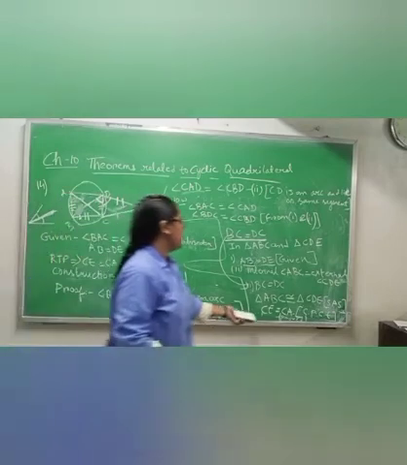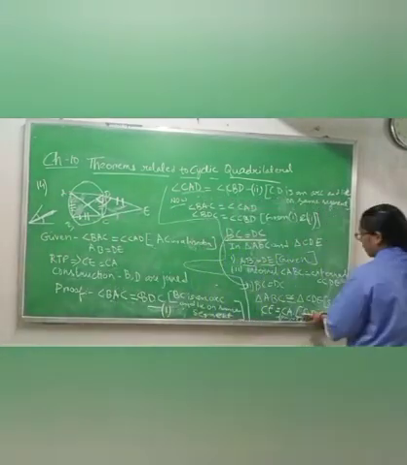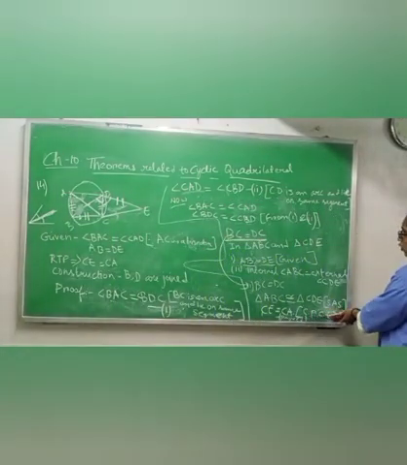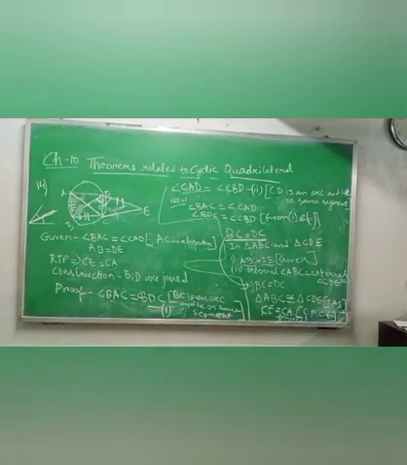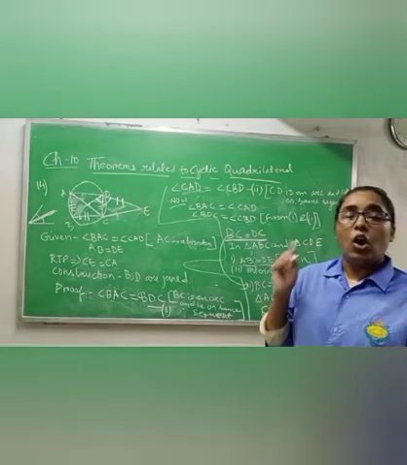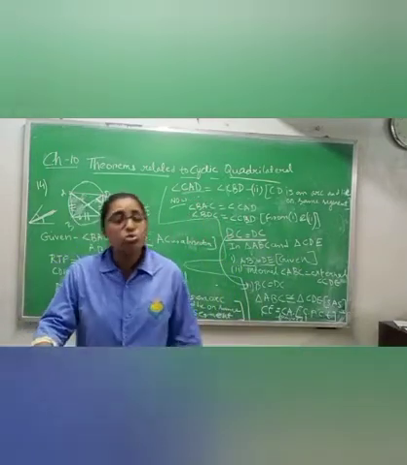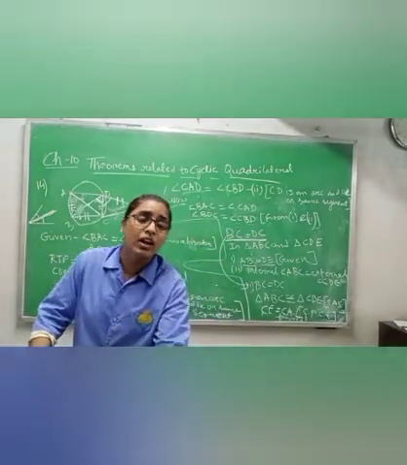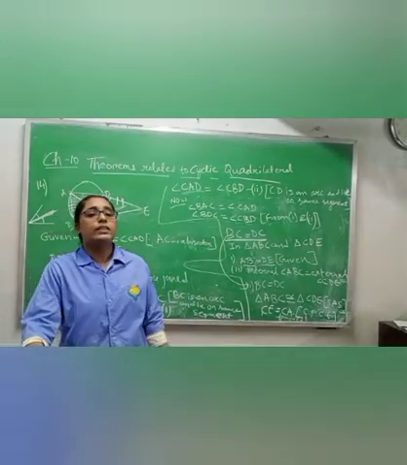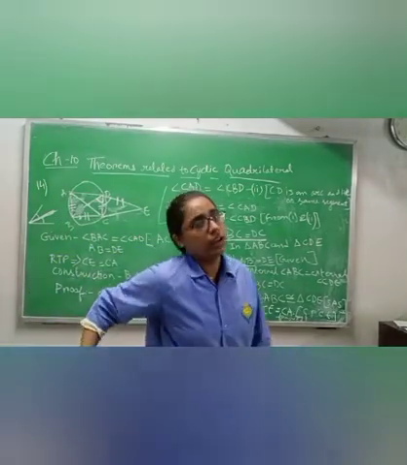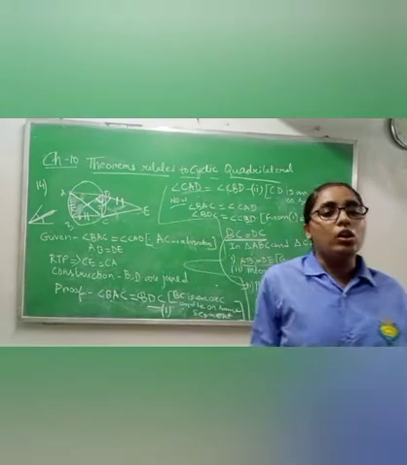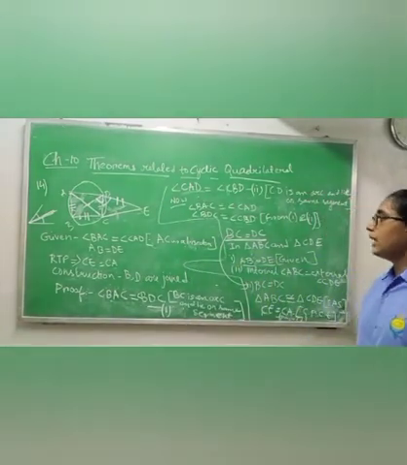That is why I have written CE equals CA, corresponding property of congruent triangles. CPCT full form is corresponding parts of congruent triangles. When you prove that two triangles are congruent, then the rest of the sides or angles will also be equal. Please go through it and write it.